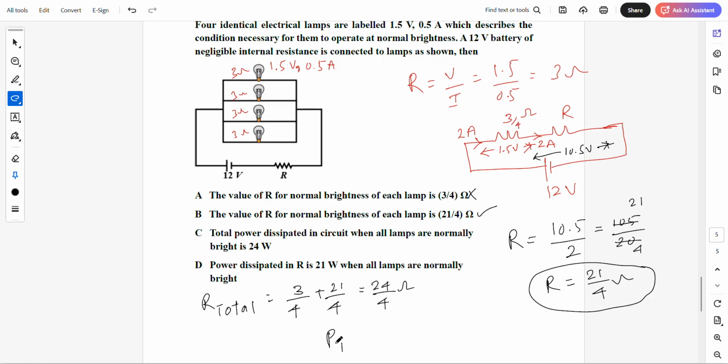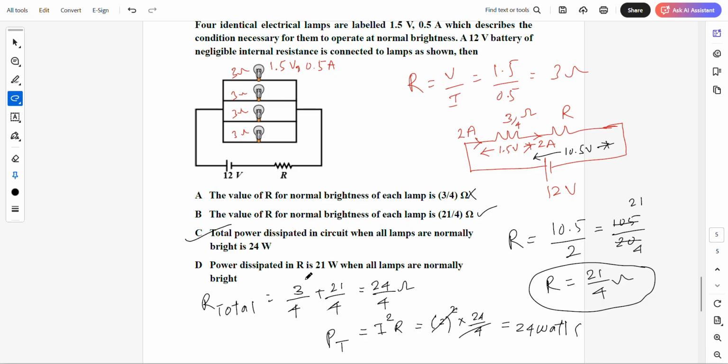We can calculate P total is equal to I square into R total. I is 2, so 2 the whole square into 24 by 4. This 4 gets cancelled, and it is equal to 24 watts. This is also a right option.